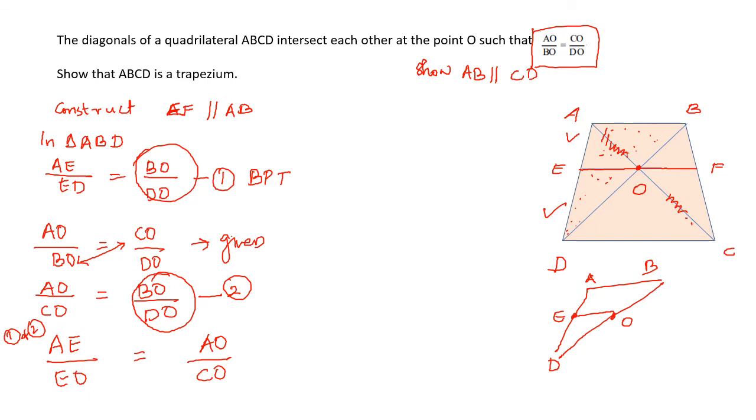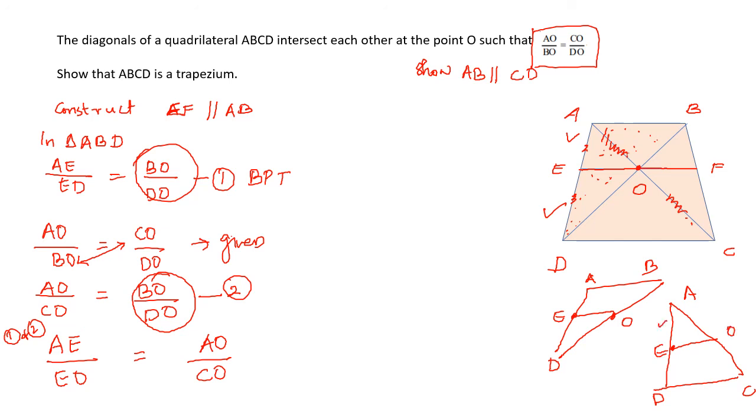So what is the triangle that we are getting? We have these two sides, AE by DE. The triangle is like this, children: A, D, C, and there is E, O.